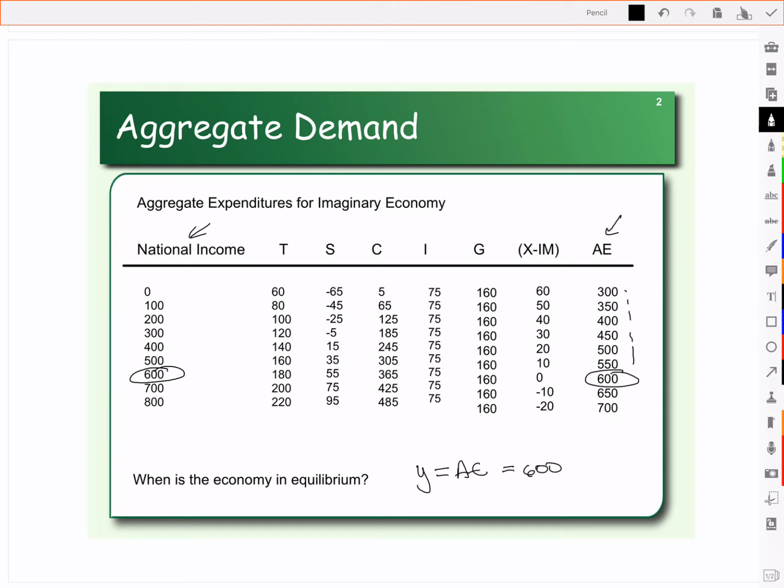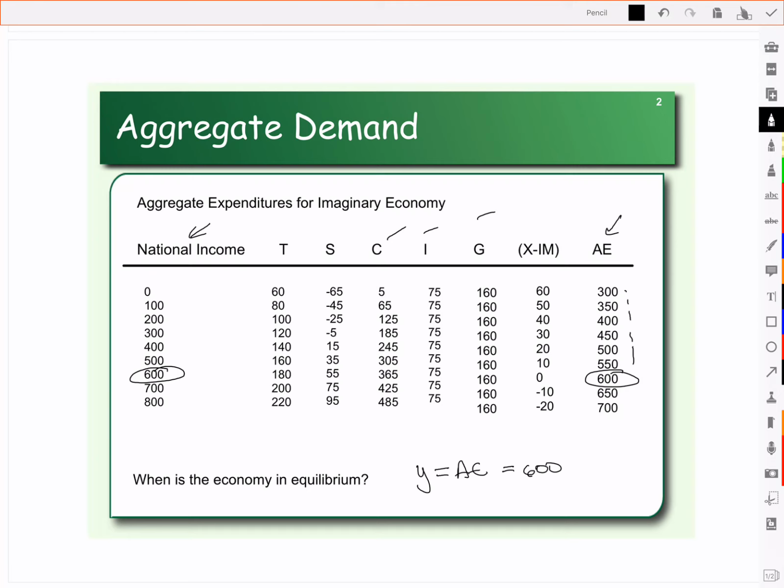When income is not 600, notice that when income is less than 600, then what we see is that our aggregate expenditures are more than our income. And as our income increases and goes past the income of 600, then notice now our income is more than our spending. So we need to figure out where the economy is in equilibrium, and then we're going to look at how that equilibrium changes when you start to change consumption spending, investment spending, government spending, and so on.